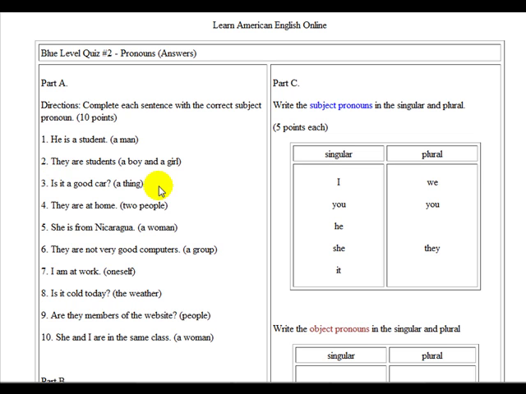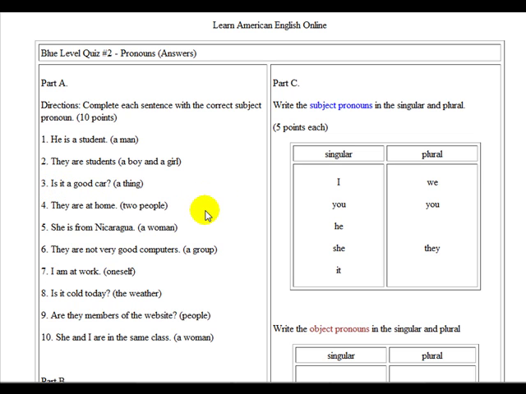Next is, it is a good car. It's a thing. So the pronoun for a thing in the singular form is it. Okay? And we have is it, which is the singular verb with the singular pronoun.